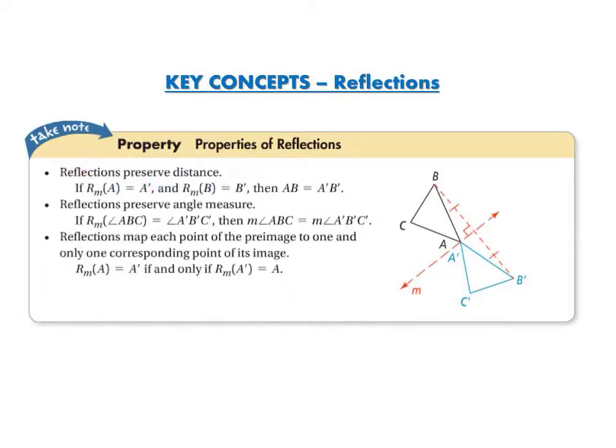If it is 1 unit away on this side, it is 1 unit away on that side. Reflections preserve angle measures. If I have a 30-degree angle measure here, I have a 30-degree angle measure over here. So reflections map each point of the preimage to one and only one corresponding point of its image. It can only match to one point.